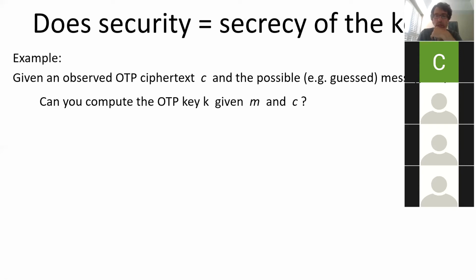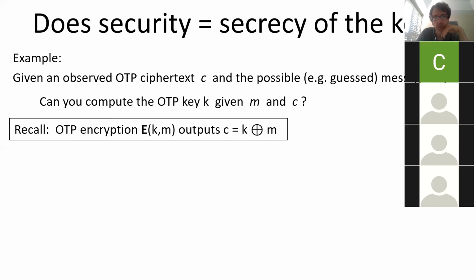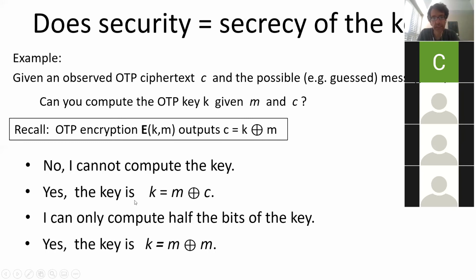The funny thing about the one-time pad is that you can, because the ciphertext is an XOR between a key and a message. So for any guess of the message, you actually can compute the key.